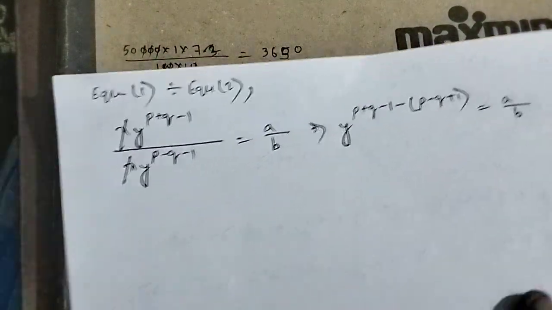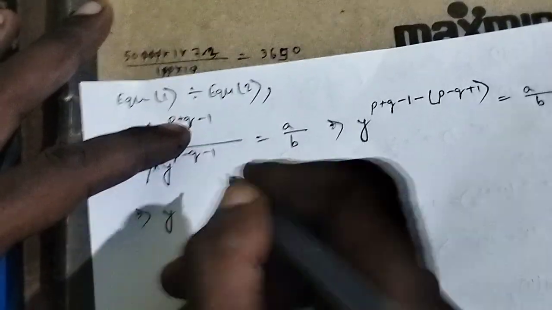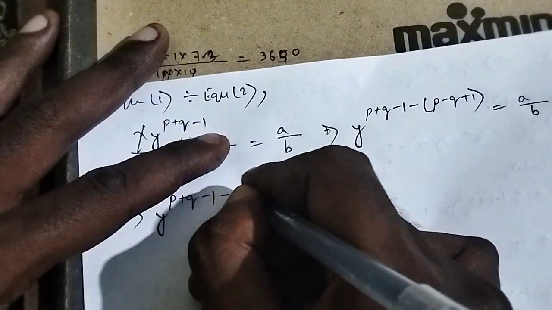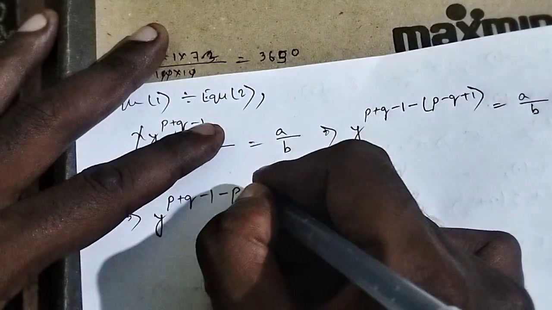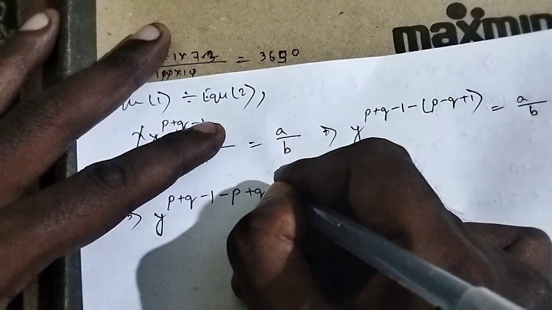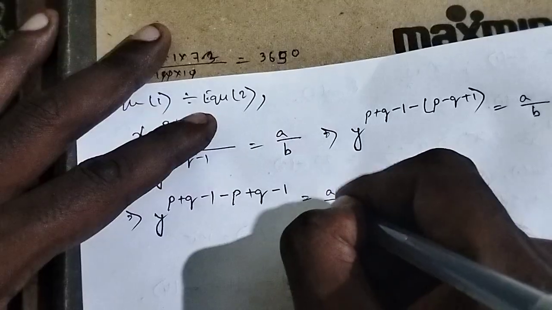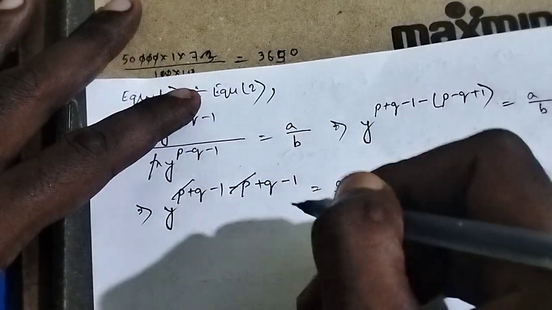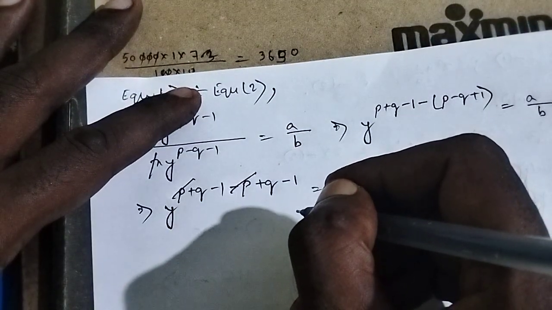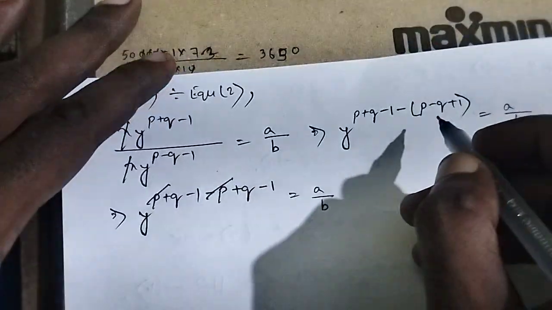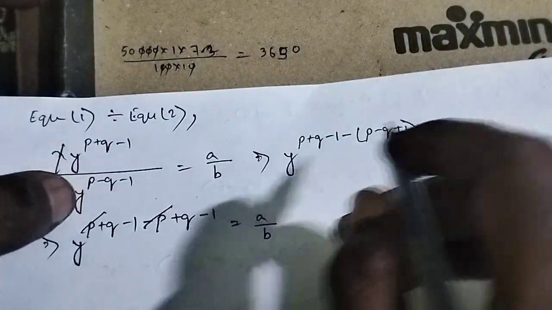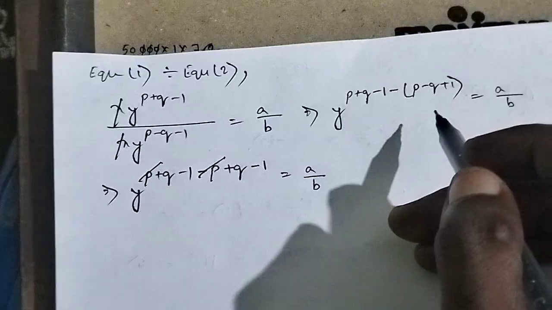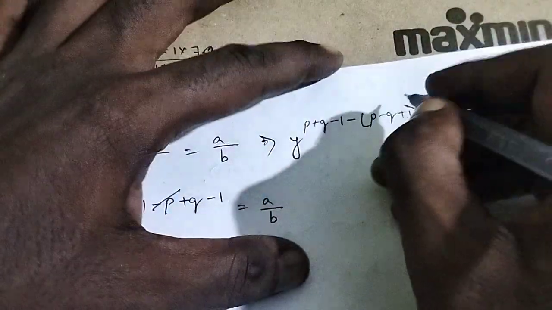So it would be y to the power p plus q minus 1 minus p minus q minus 1 is equal to a by b. Here in the bracket would be p minus q minus 1.